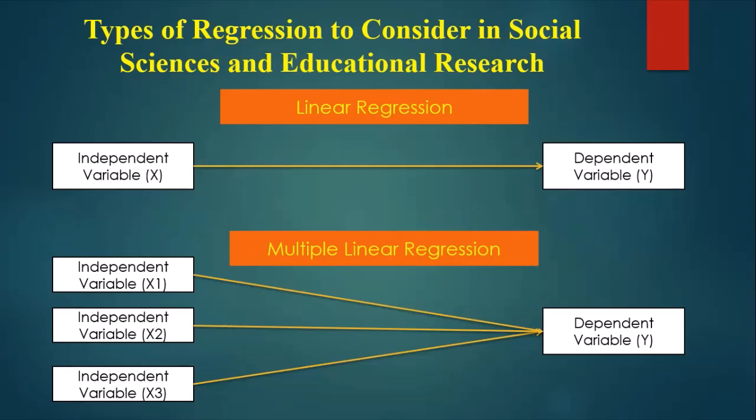So you can see here, under linear regression, we are interested in a particular effect from the independent variable X on the dependent variable Y. And under multiple linear regression, you have multiple independent variables, X1, X2, X3, and then just one dependent variable.